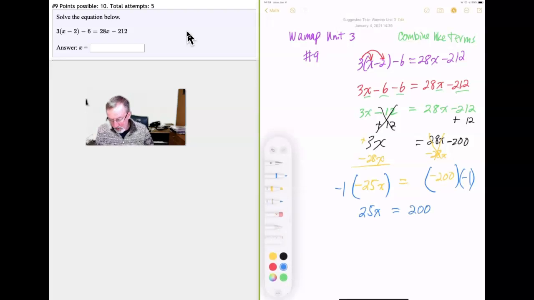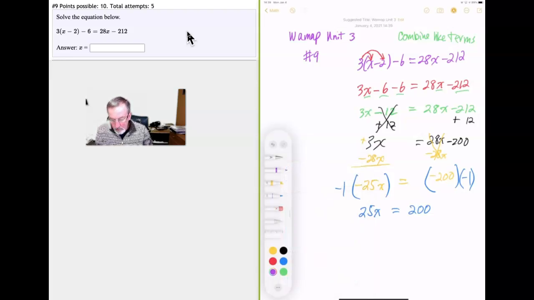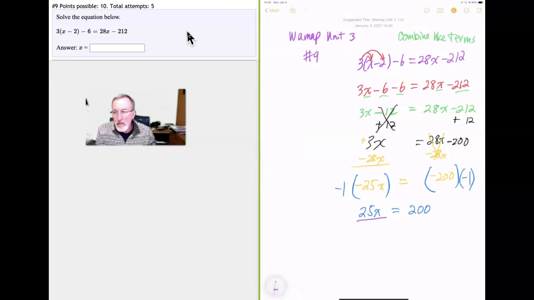And then we just want to do the inverse operation thing. Let's use purple again. And we'll divide both sides, because when we get to this point, we're wondering what's happening to the x. It's being multiplied by 25, so we're going to divide that by 25. Do that to both sides.